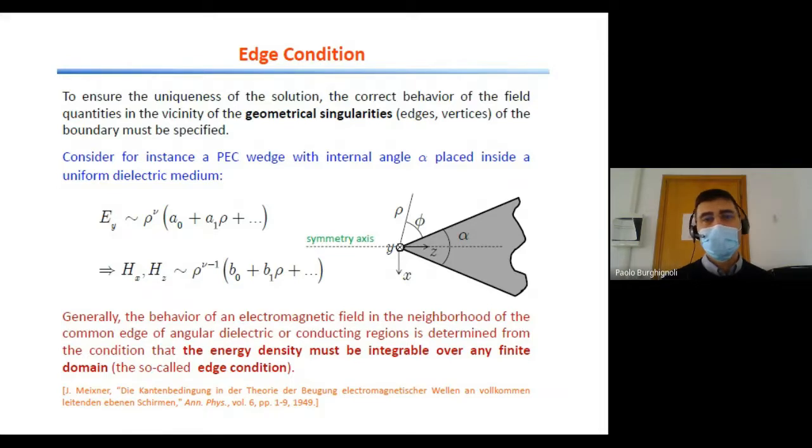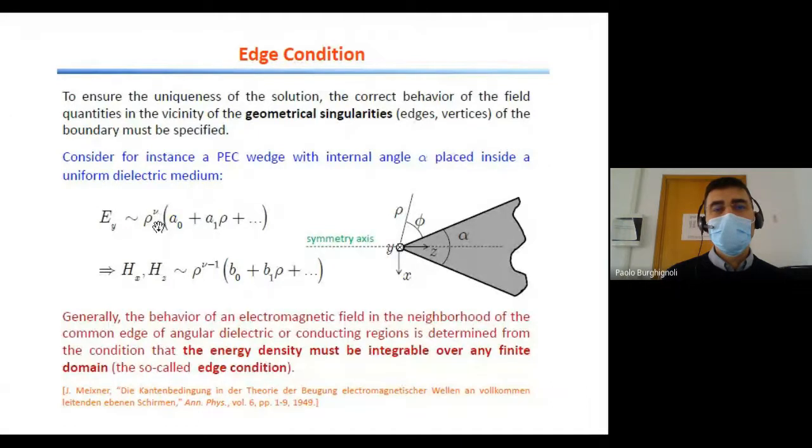Now, for instance, consider a perfectly conducting wedge with internal angle alpha as in this figure. You can assume that the y component of the electric field in this polarization, very close to the edge, can be expanded asymptotically in terms of a power series, of which the dominant term is proportional to the nth power of rho.